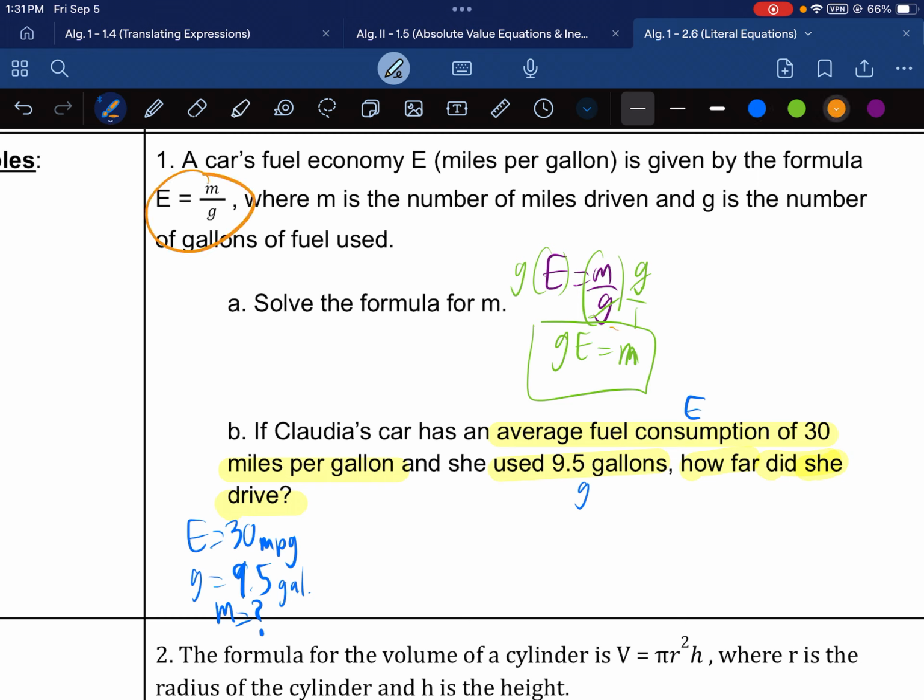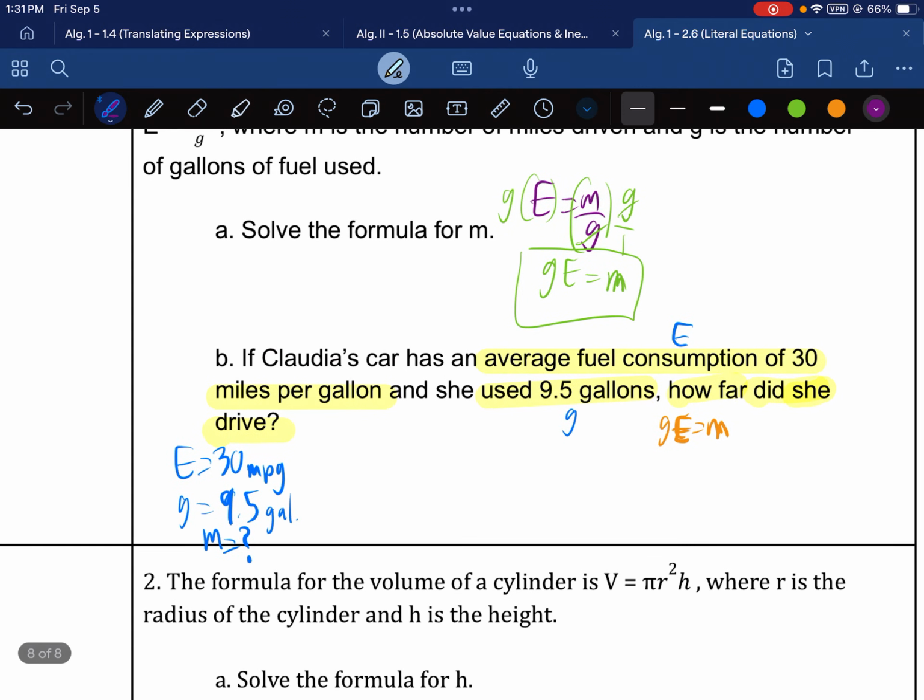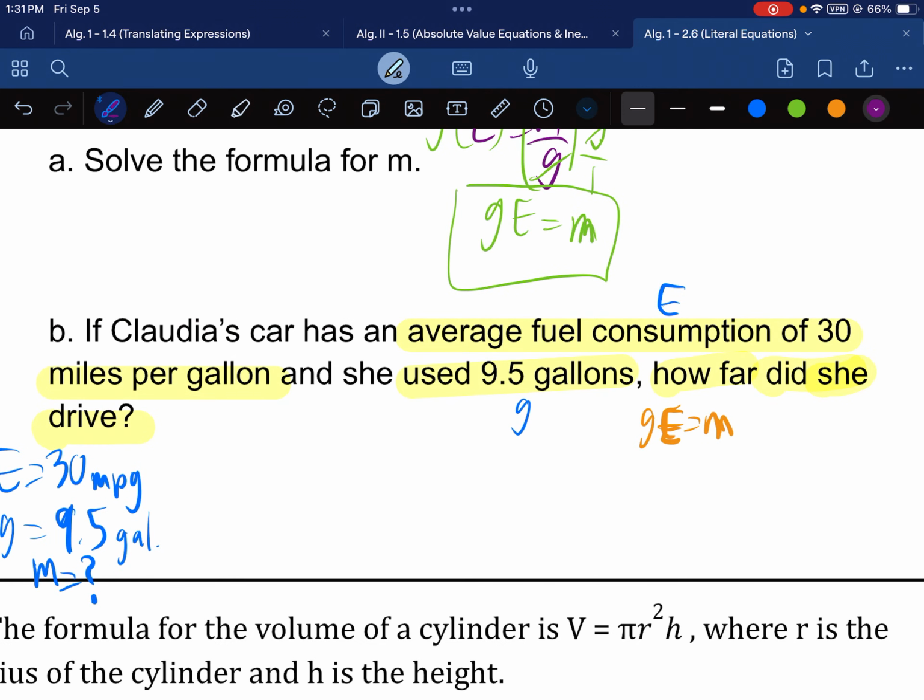And so we're going to take this equation. We can either take the original equation or the one we already modified to solve for m, which is why it asked us to do that in part A, and plug in E and G. So I'm going to take gE equals m, that equation we solved for m already up above, and plug in g as 9.5 and E as 30.